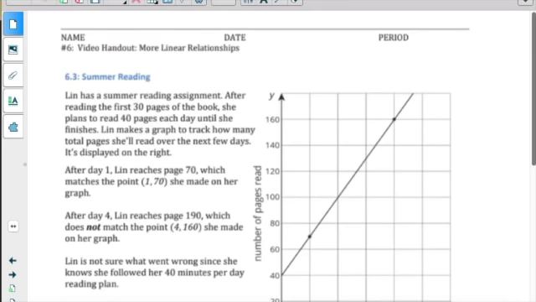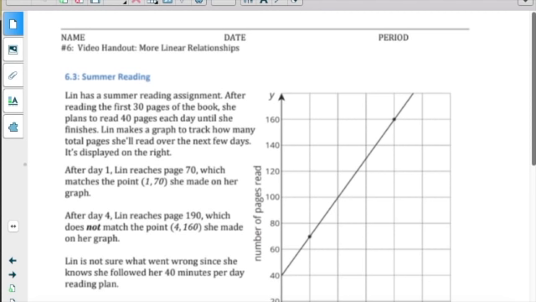All right, we're going to look at 6.3 summer reading. Lynn has a summer reading assignment. After reading the first 30 pages of a book, she plans to read 40 pages each day until she finishes. Lynn makes a graph to track how many total pages she'll read over the next few days. It's displayed on the right.